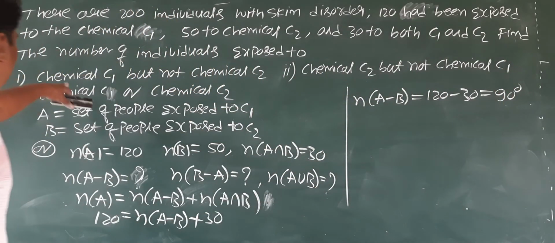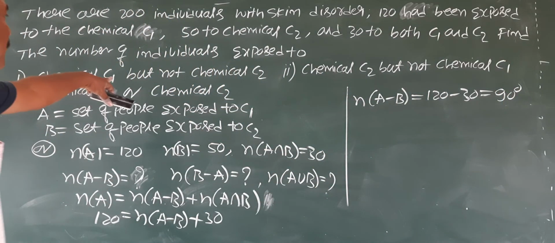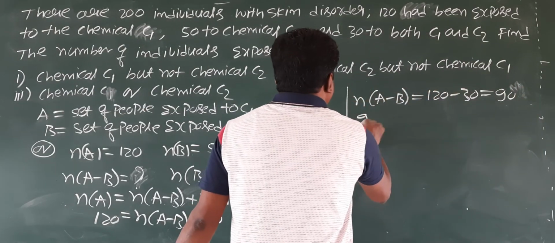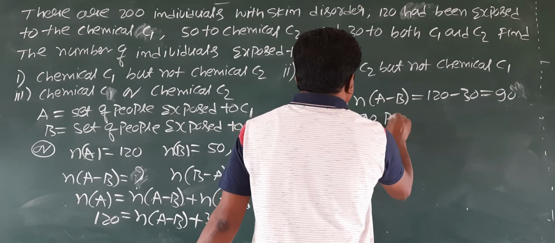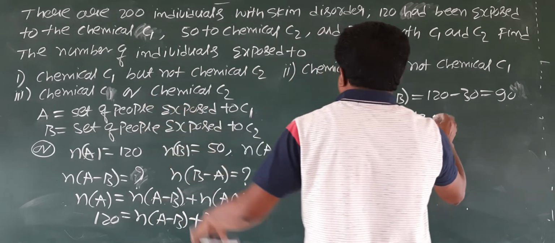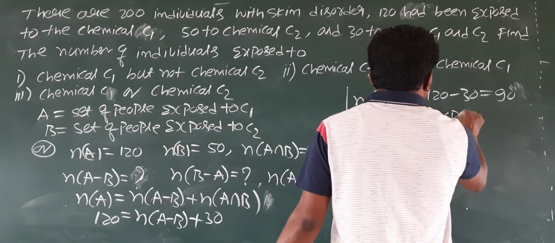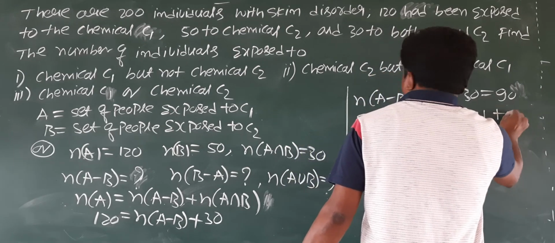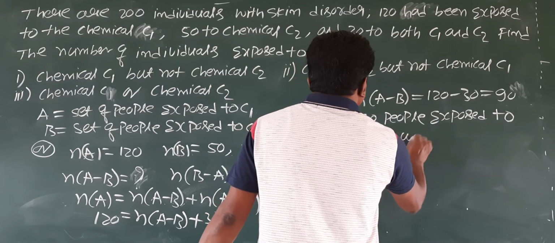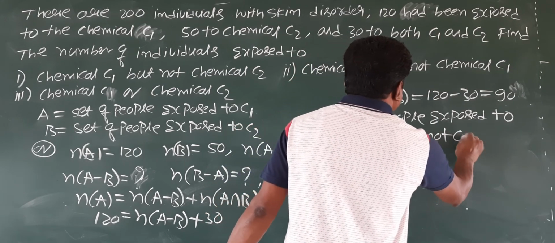This is the answer for your first question: 90 people exposed to C1 but not C2.